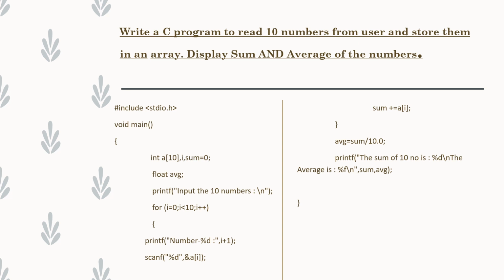So the first statement here is the variable declaration as well as initialization. Whenever we encounter void main, always the first statement is your variable declaration and initialization. Here we have taken an integer array, name is A and size is 10. Why have we taken it as 10? Because we need a C program to read 10 numbers from the user.